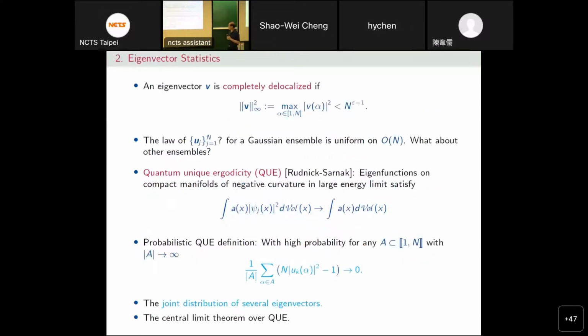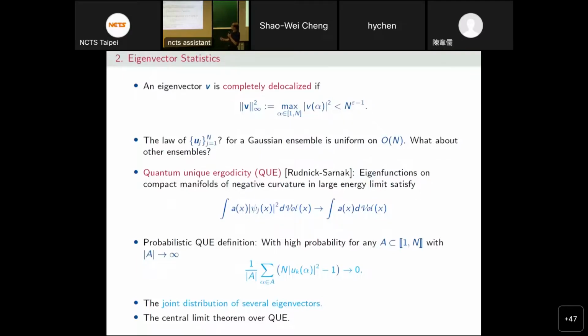Now about eigenvectors, you can see the eigenvector is something called completely delocalized. Completely delocalized means that the eigenvector's L infinity norm is about n to the minus 1/2, because these eigenvectors are normalized in L2. If it's completely flat, then each component squared will be 1 over n.